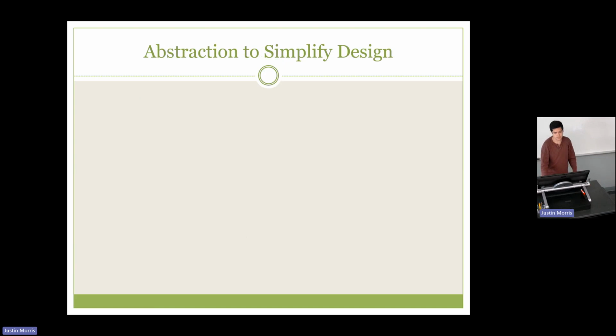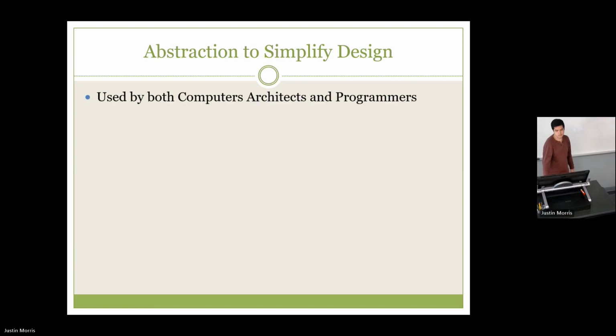So abstraction. This is used by both computer architects and programmers. So anyone want to tell me where it's used by programmers, since that's what most of you are, right? For example, we give a general idea of what a function does without having to go into the low level details.